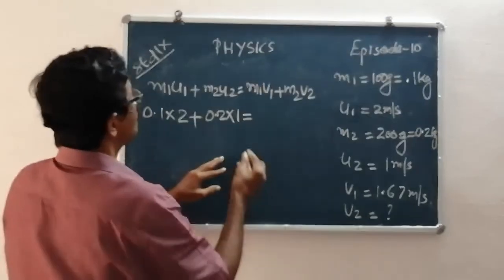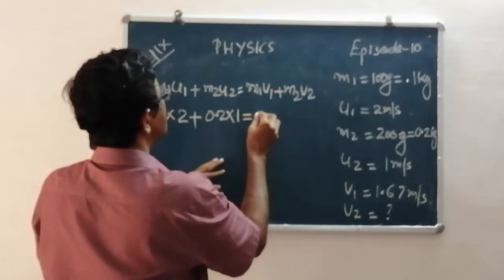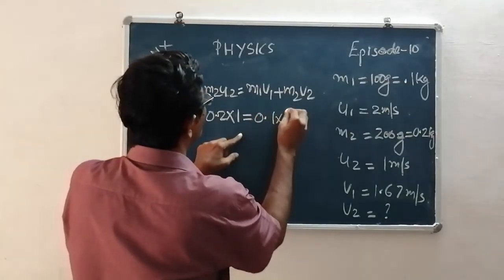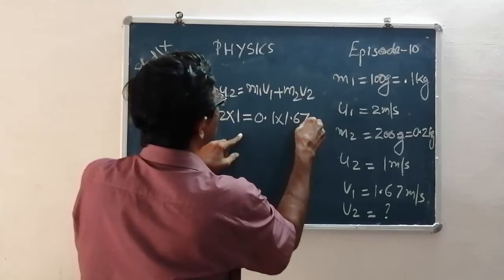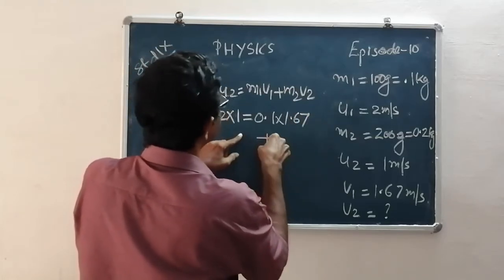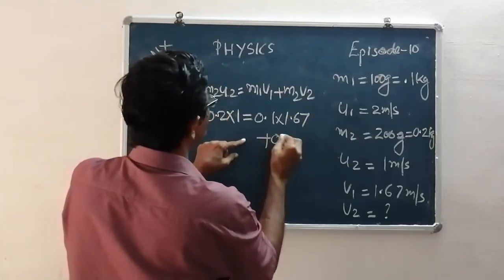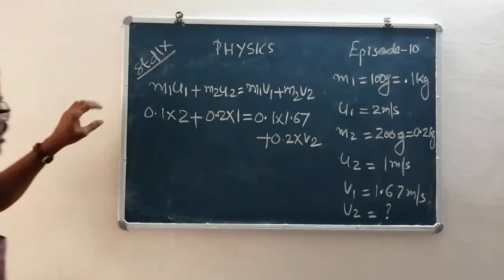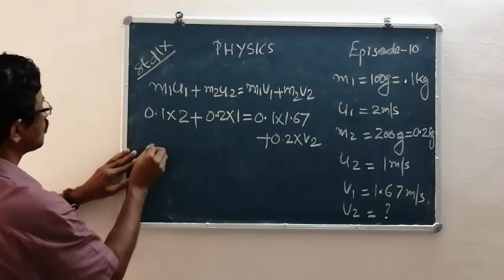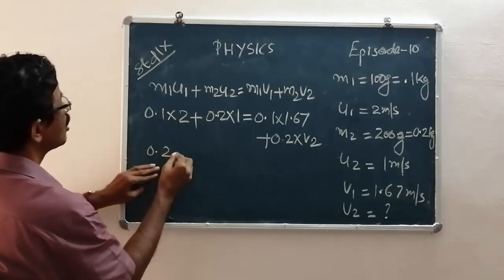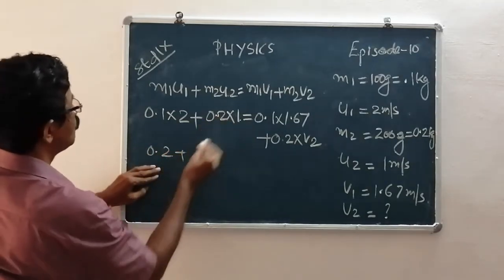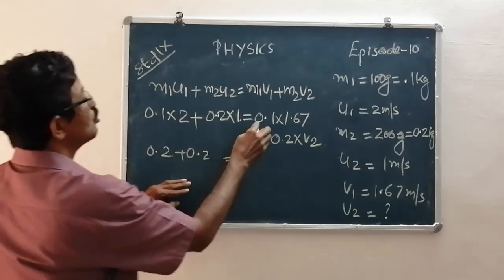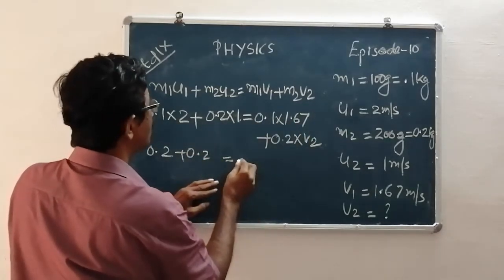And after collision, first one's mass is 0.1 into 1.67 plus mass of second one is 0.2 into its speed V2. Now we can multiply. This one we get as 0.2 plus 0.2 into 1, that also 0.2, is equal to these two when multiplied.